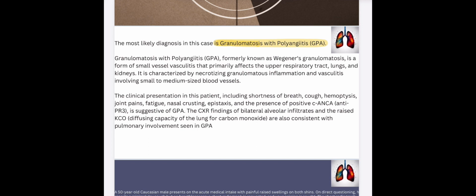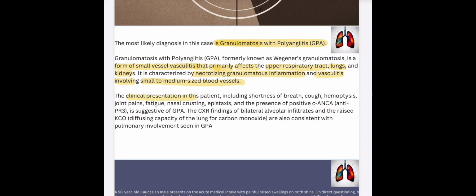Granulomatosis with polyangiitis, GPA, formerly known as Wegener's granulomatosis, is a form of small vessel vasculitis that primarily affects the upper respiratory tract, lungs, and kidneys. It is characterized by necrotizing granulomatous inflammation and vasculitis involving small to medium-sized blood vessels.